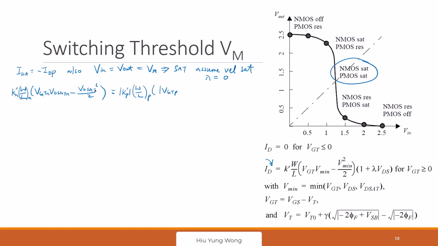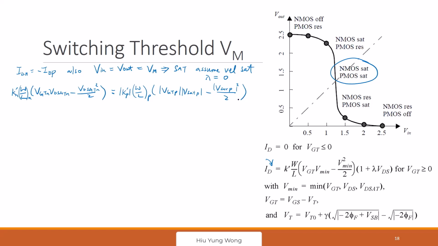This all has N and P, times VDSAT of P in absolute value, minus VDSAT of P squared divided by 2. Okay, up to here, is this okay?